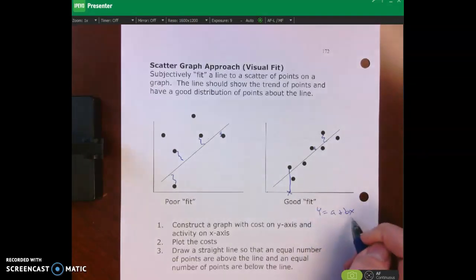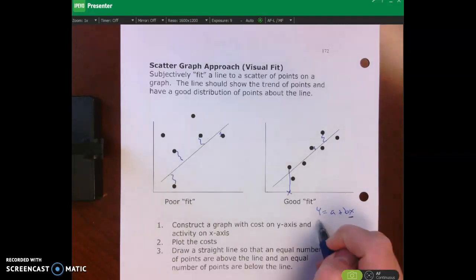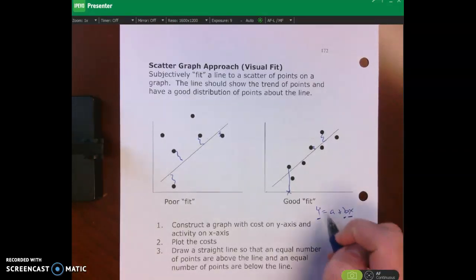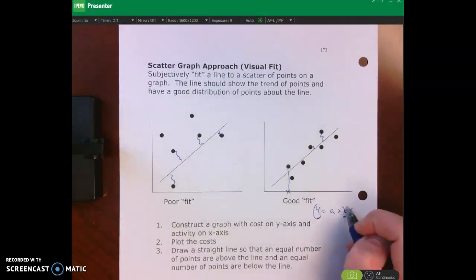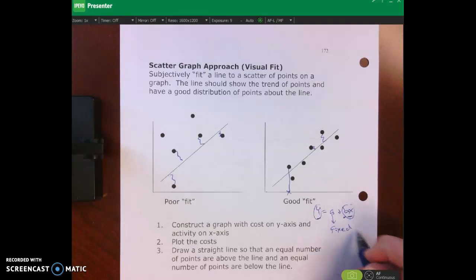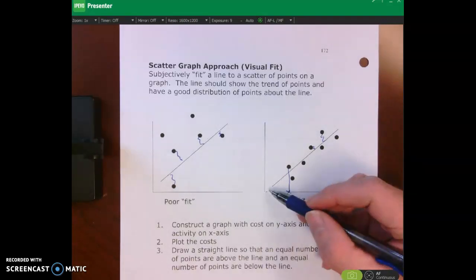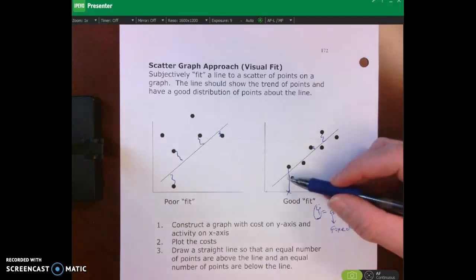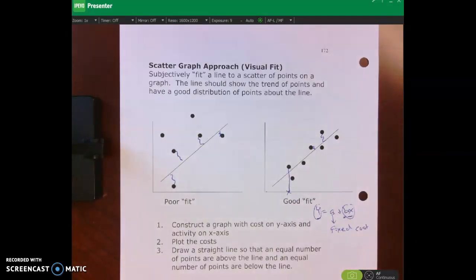What we could say is, we know this number, and we just estimated the slope by looking at the line. So then what we can do is we can say our total costs minus our total variable costs, and then that would give us our fixed costs right over there. Now you can imagine that the problem is that this is also very subjective because you're trying to visually figure out the line that best fits the data and then visually try to figure out what would be the slope.